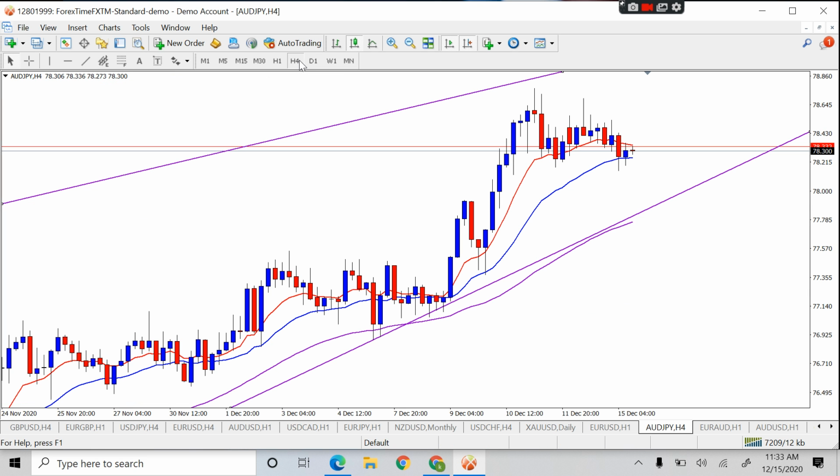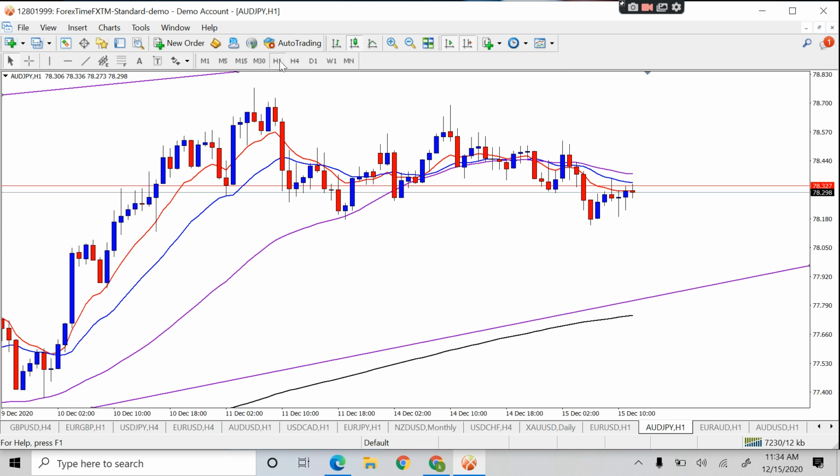On H4, if this pair closes below the 20 moving average, I'm going to short the pair. I say that again: a close below the 20 moving average on H4 will trigger my sell bias, while a close above the 20 moving average on H1 will trigger my buy bias. So it's another waiting game.